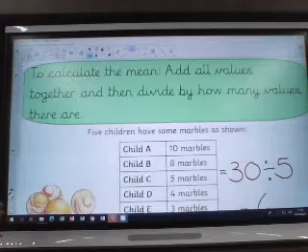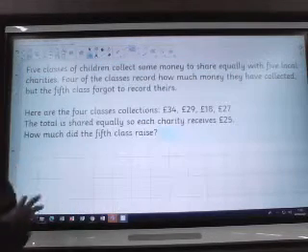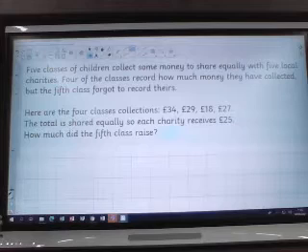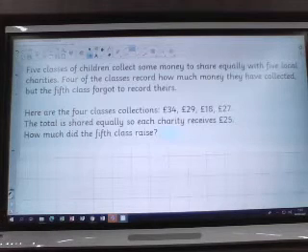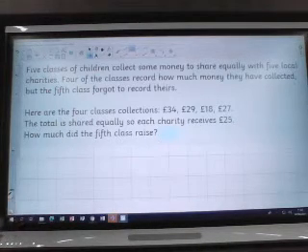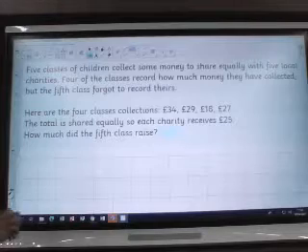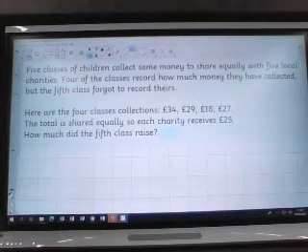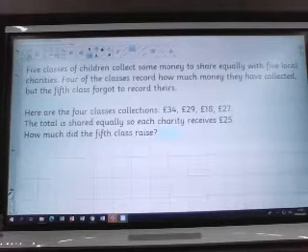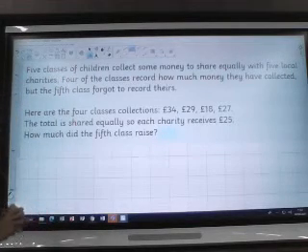But sometimes you might be asked a question like this one. It says 5 classes of children collect some money to share equally with 5 local charities. 4 of the classes record how much money they have collected, but the 5th class forgot to record theirs.